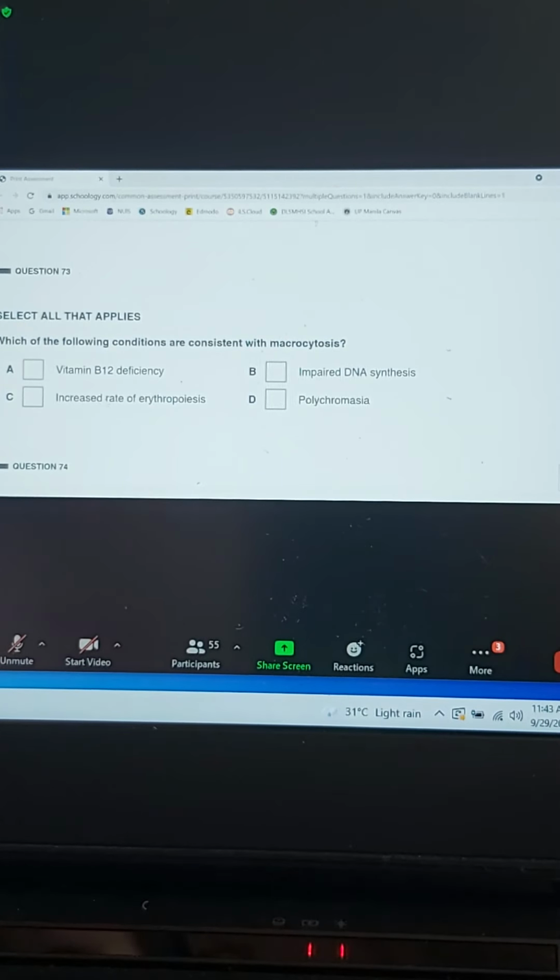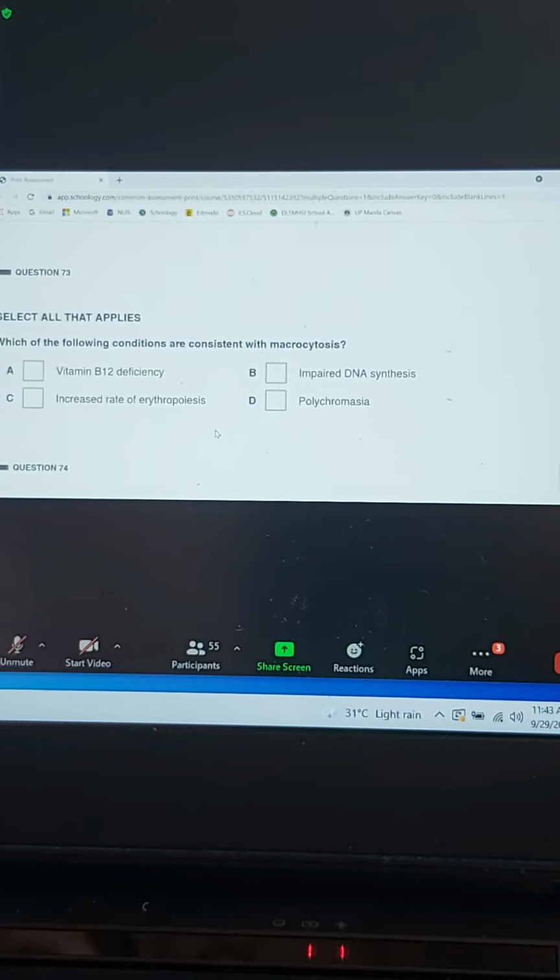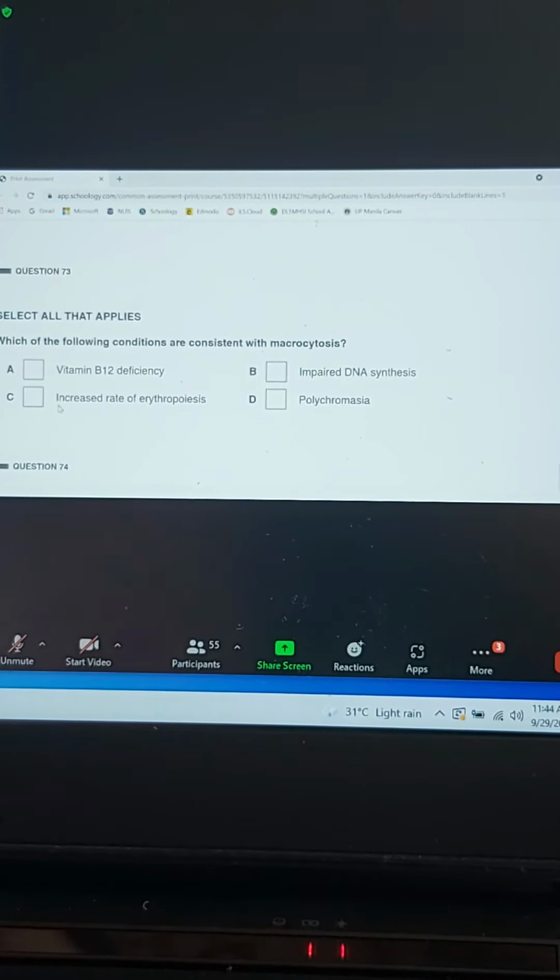So pag increased rate of erythropoiesis, anong dumadami sa circulation? Reticulocytes po. Reticulocytes, di ba? So, alam natin yung reticulocytes or your polychromatophilic erythrocytes, they are larger than the mature RBCs.